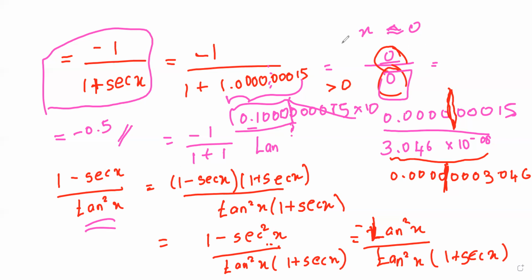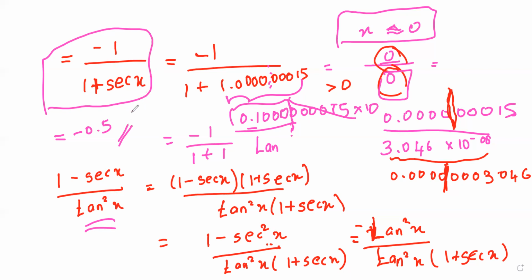So that's why, for finding a correct approximation for this value, we have changed that equation. We are not getting any more 0. Likewise, we have solved the problem.